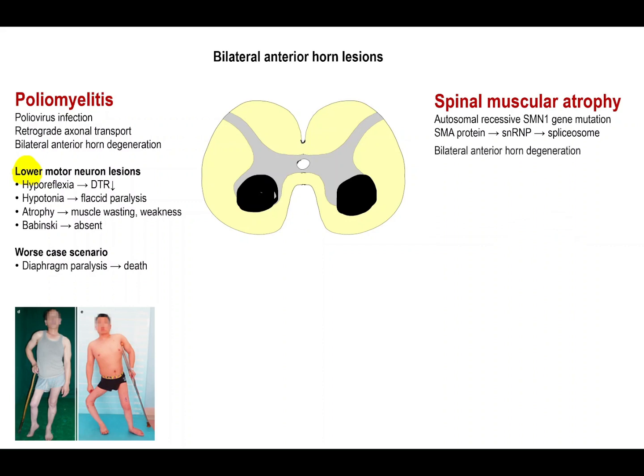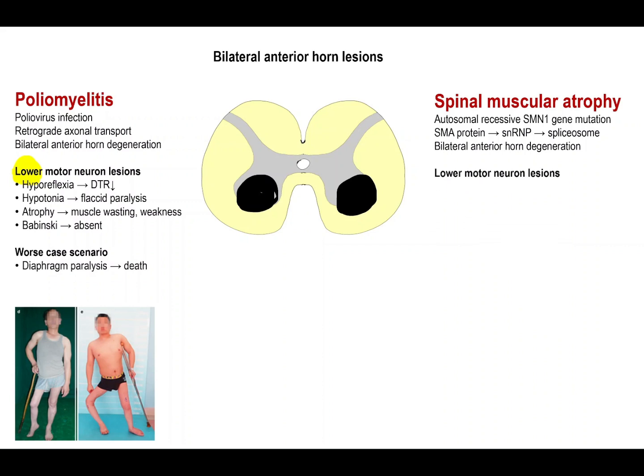At the end of the day, it is genetic degeneration of the bilateral anterior horn, whereas in poliomyelitis it was post-infectious degeneration, maybe like chronic inflammation, to some degree autoimmune. If I were you, I wouldn't care how the anterior horn is damaged. The result will be the same.